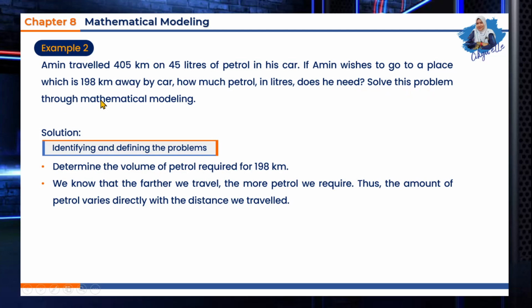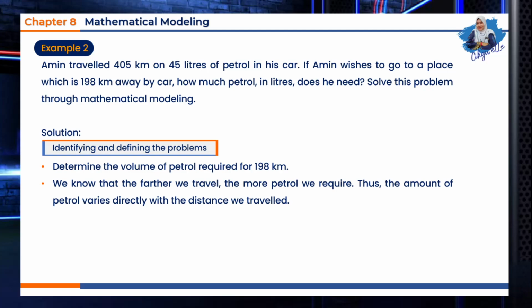Solve this problem through mathematical modeling. When a question asks you to solve problems through mathematical modeling, you have to go through all the processes. You have 6 processes, starting from identify, and the final step is you report the modeling.